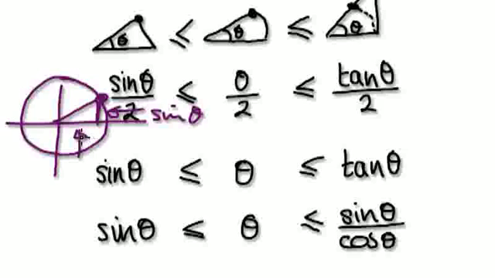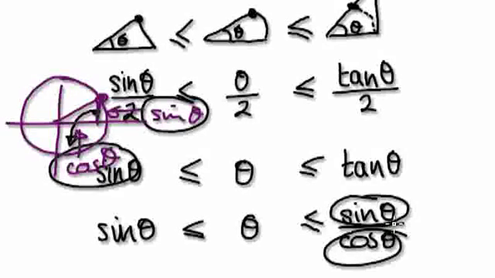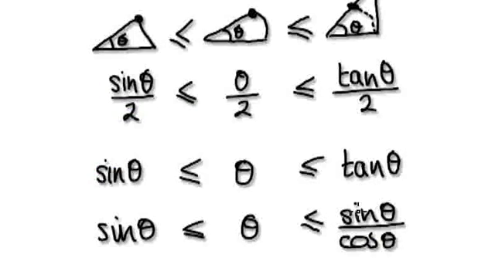The length here is cosine theta, and tan is opposite over adjacent. Opposite, which is sine here, over adjacent, which is cosine here. So tan theta is actually sine theta over cos theta.